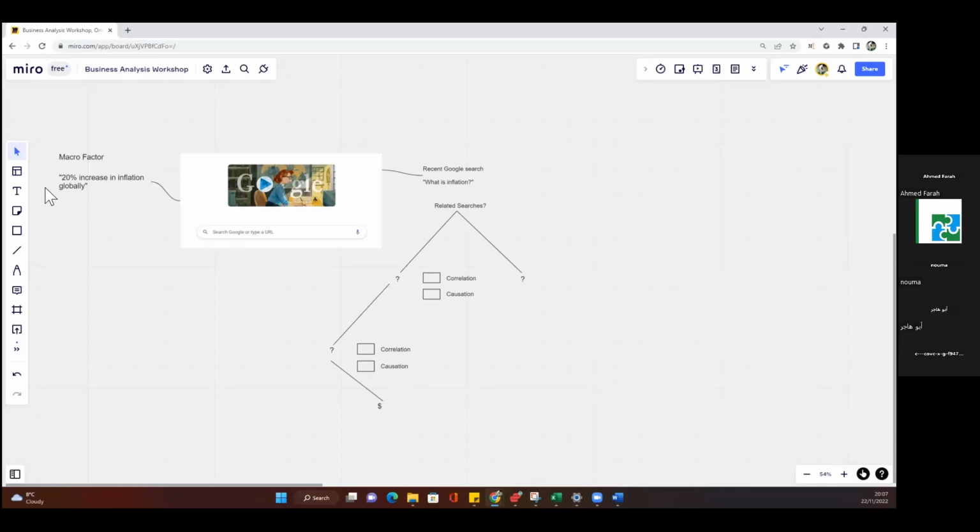I guess we keep it more simple. I think the question would be very simply, why is it happening? That would be a question. Can someone give me another question that you would ask, related? How? Who benefits?